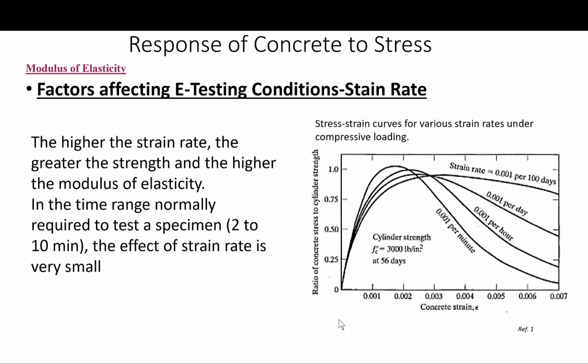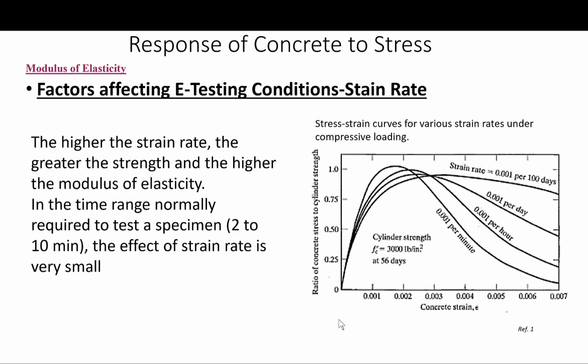Okay, so the sensitivity of the modulus of elasticity of concrete to testing conditions is also demonstrated by the dynamic modulus of elasticity. In the dynamic test, the concrete is subjected to very small strains, so its response is more closely related to the initial tangent modulus than to the chord modulus, as we mentioned earlier.